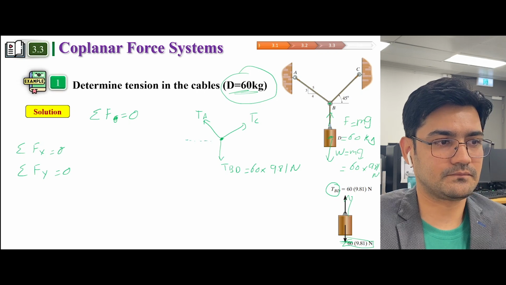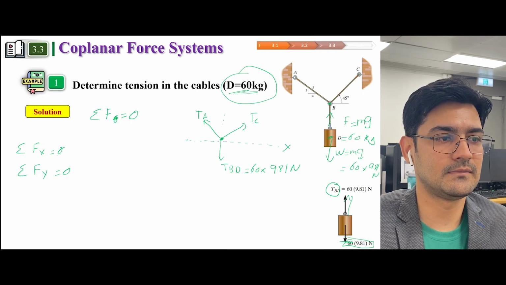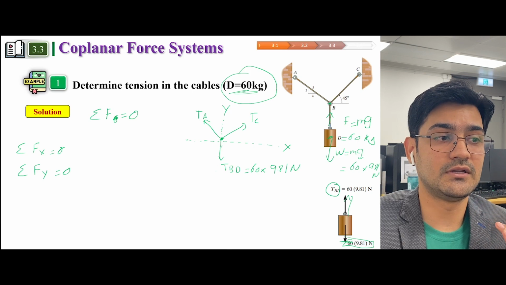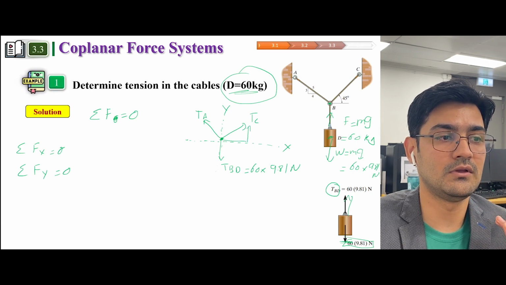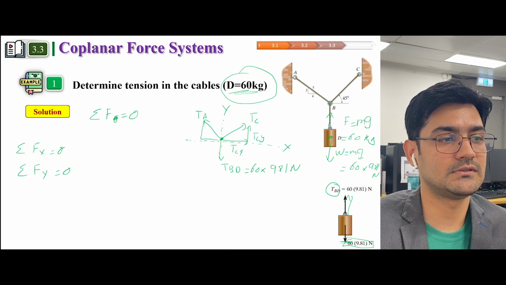So you have x-axis, let's just say it's an x-axis, this is y-axis. Now this component can be resolved into its rectangular components, this one and this one. So this would be TCX, this would be TCY, and similarly we can do this.